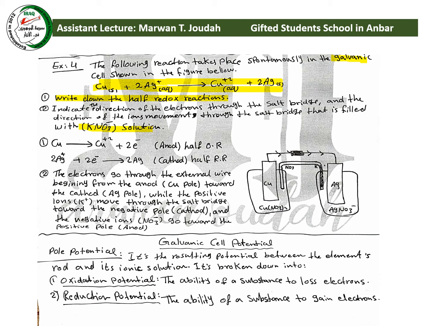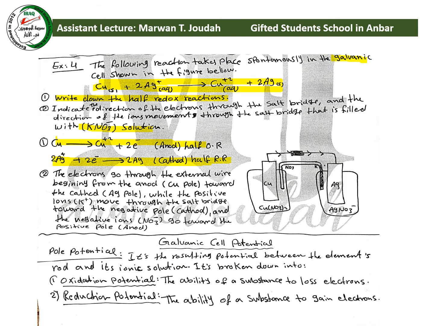And the Ag was reduced. Here are the two half reactions of the galvanic cell, the reaction between copper and Ag. This is easy, the same as you did with the previous examples.